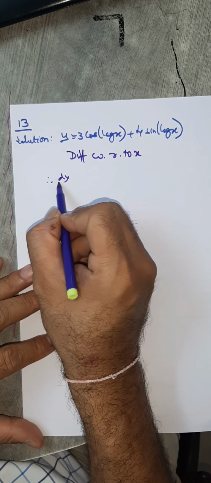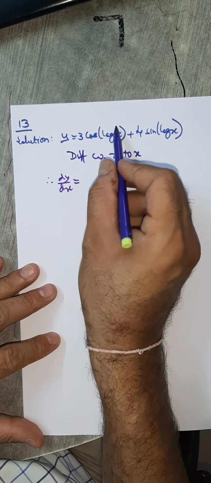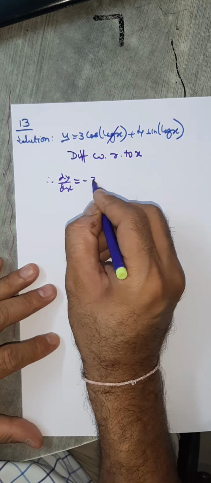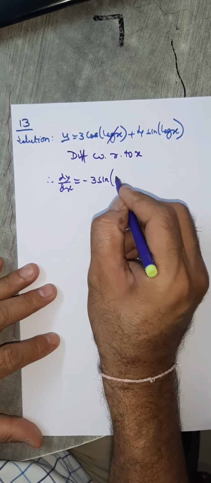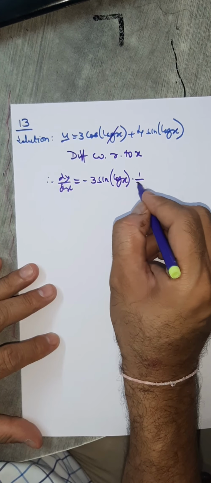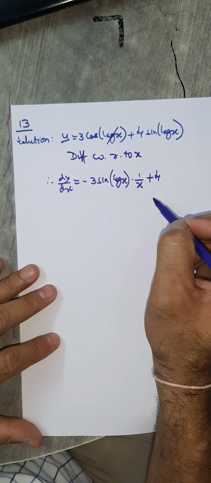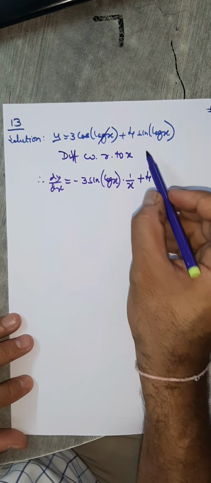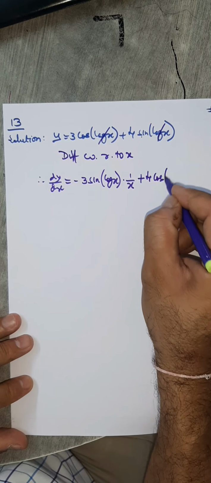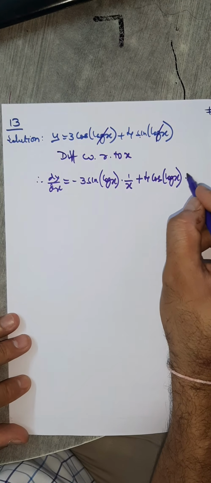So dy by dx equals to, here chain rule, imagine this as x, derivative of cos is minus sine of log x into, by chain rule, derivative of log x, 1 by x, plus 4 times this one as it is. Imagine this is x. What's the derivative of sine? Cos of log x into derivative of log x by chain rule, 1 upon x.